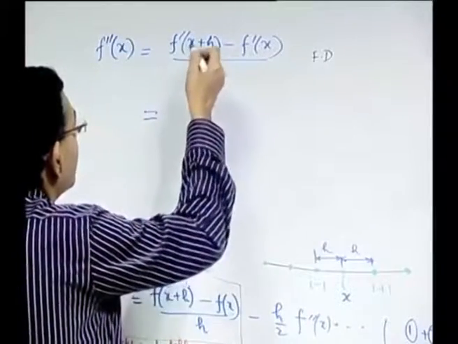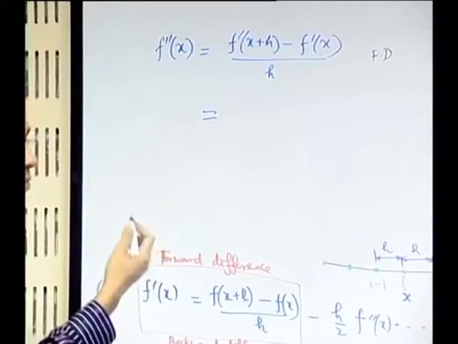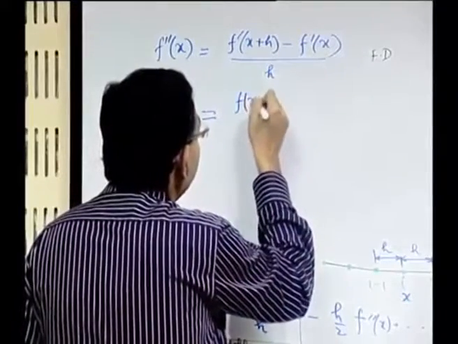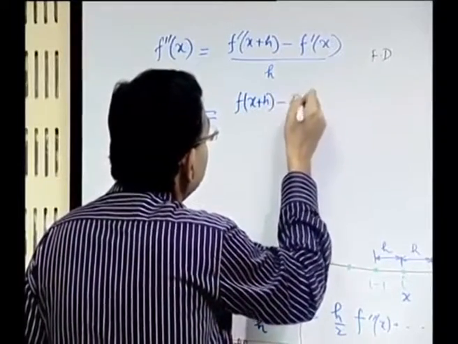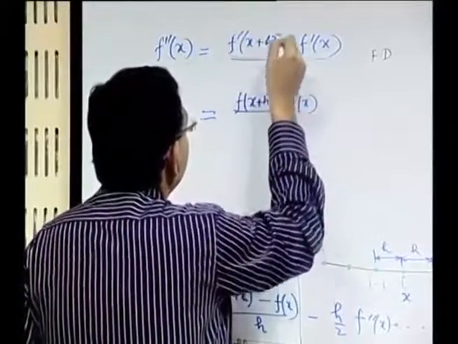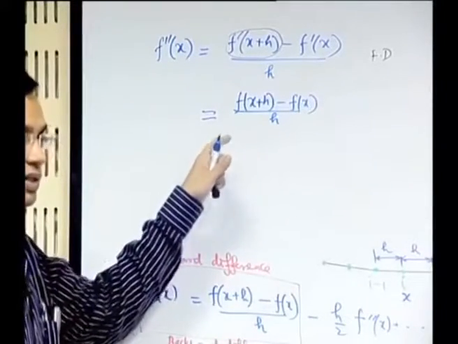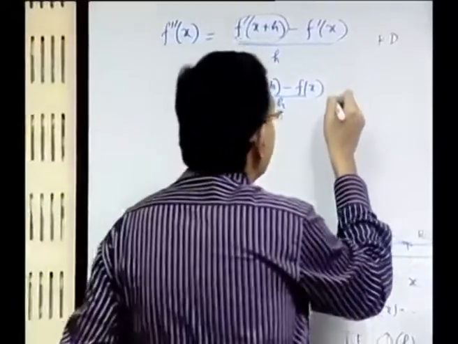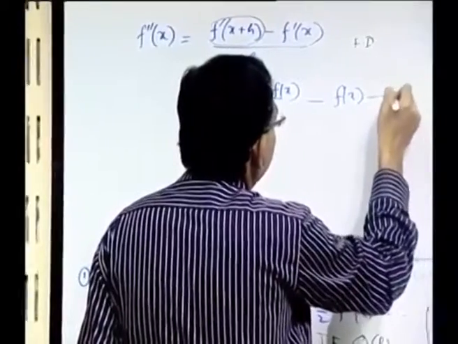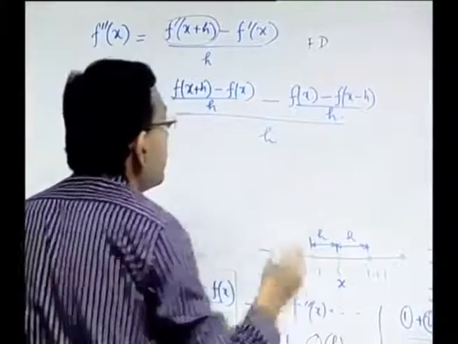Now you can write individual f dash terms in terms of f by considering the first order difference formula. So you can write this as f x plus h minus f x divided by h for f dash x plus h. Which formula is this one? Backward difference. Similarly, for f dash x, f x minus f x minus h divided by h, the whole thing divided by h.